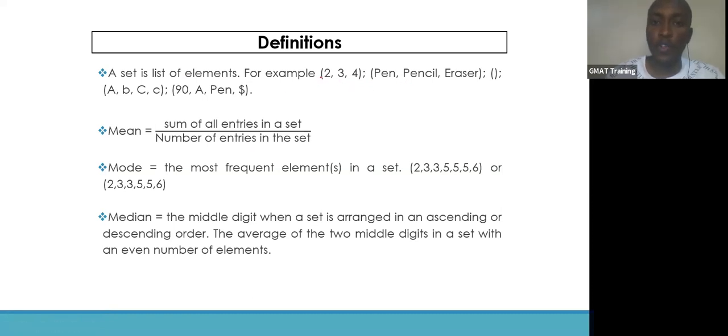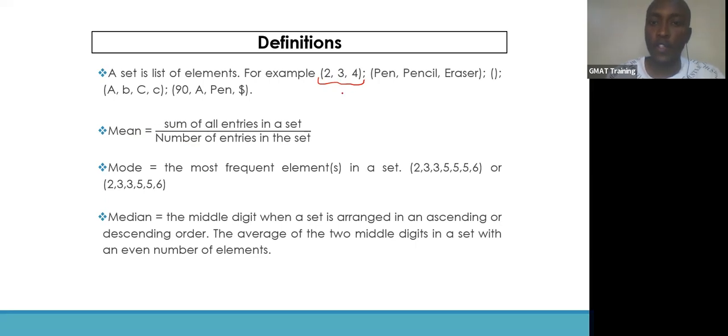But for the GMAT, we'll be doing sets that include integers or numerical values. The mean is the sum of all entries in a set over the number of entries in the set, right?